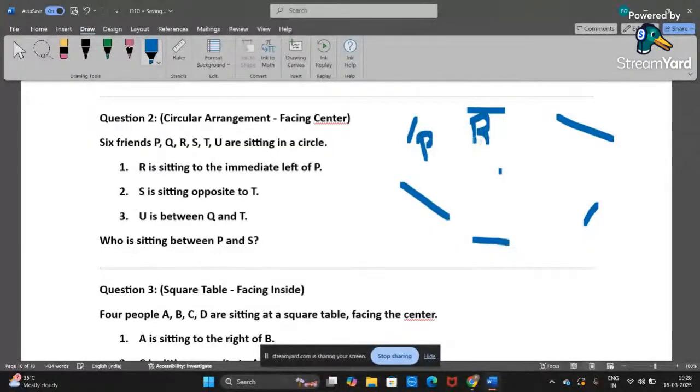S is sitting opposite to T. Opposite means it should be here itself, right? So S can be here and T can be here. Okay.